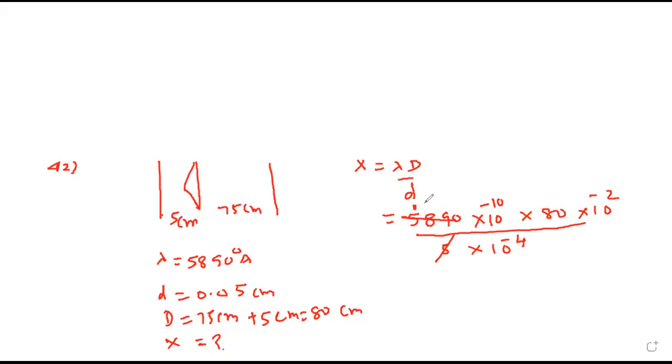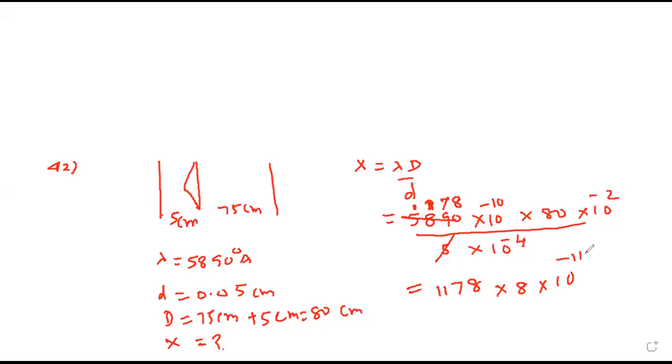Remainder, this is 8. 5 into 1 is again 5. Remainder 3, 39. 5 into 7, 35, 4. 5 into 8 is 40. So 1178. 5 into 1, 75, 30. Remainder is 4, correct.